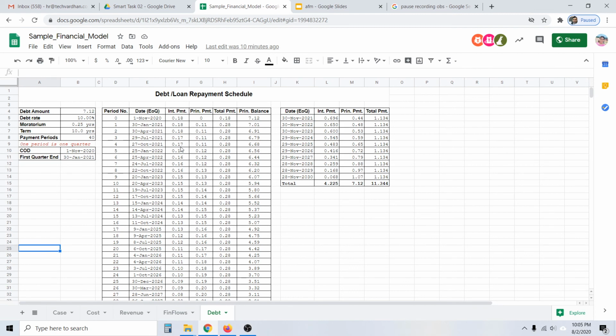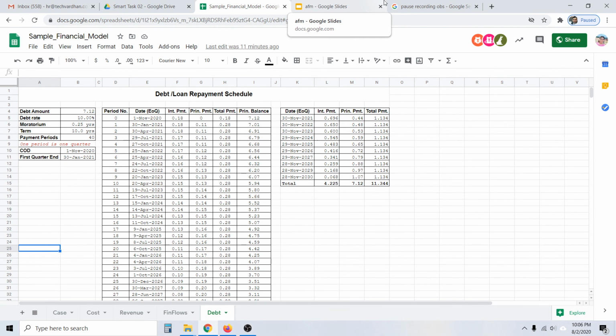So you can see that the financial model is quite mathematical and quite clear in picture. There's nothing like a hidden rule in the financial model, right? If you calculate the cost, if you calculate the revenue, then calculating the FinFlows, the cash flow sheet, is simple, and then calculating the debt is also very simple.